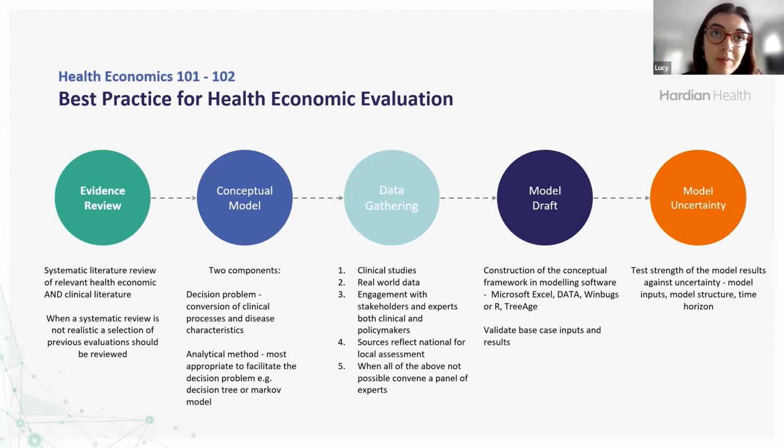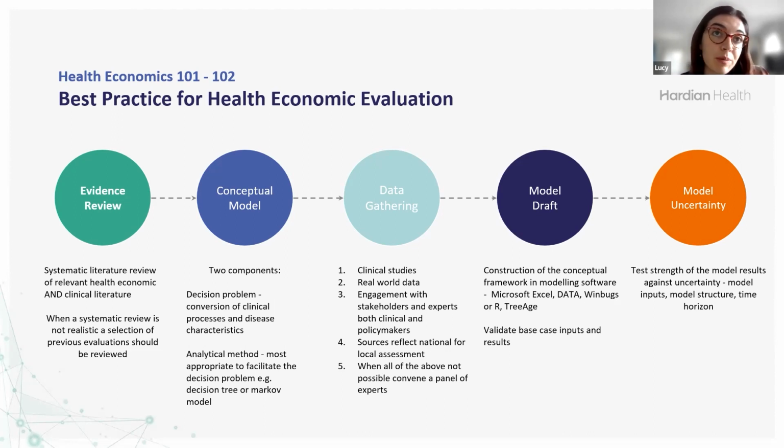Ideally, it should be a systematic literature review of all available health and clinical evidence, health economic and clinical literature. But this is not always realistic. The budgets and time that are required to do systematic literature reviews are big. Systematic literature reviews can take 6 months as an exercise on their own before you've begun any form of modelling.